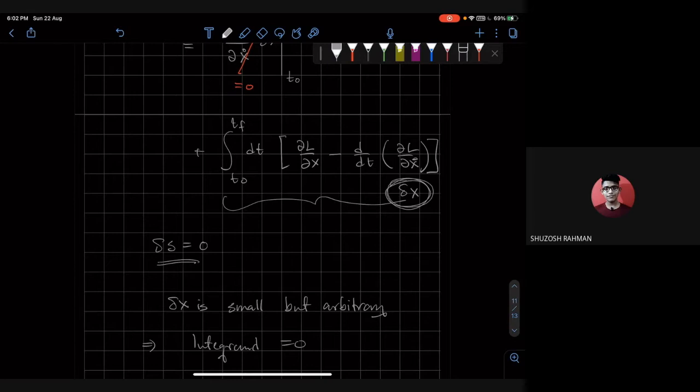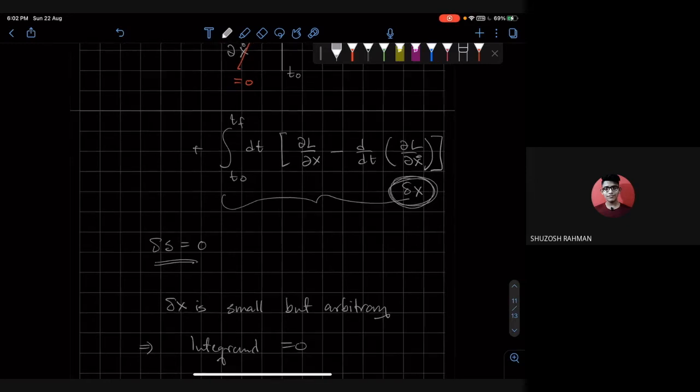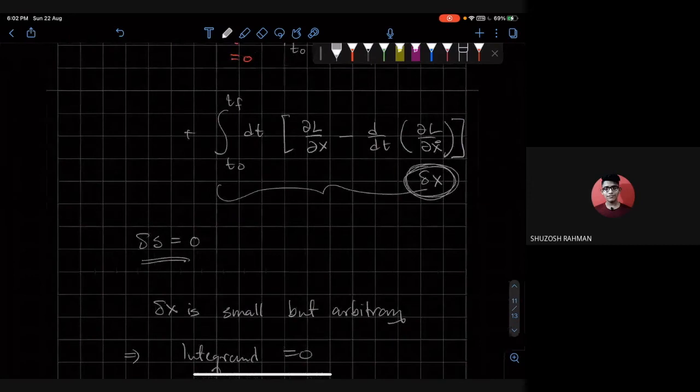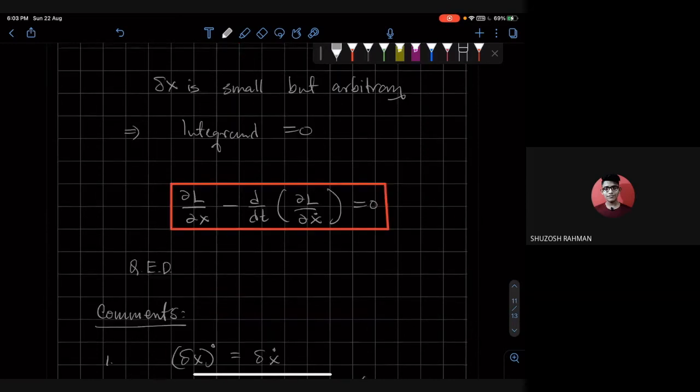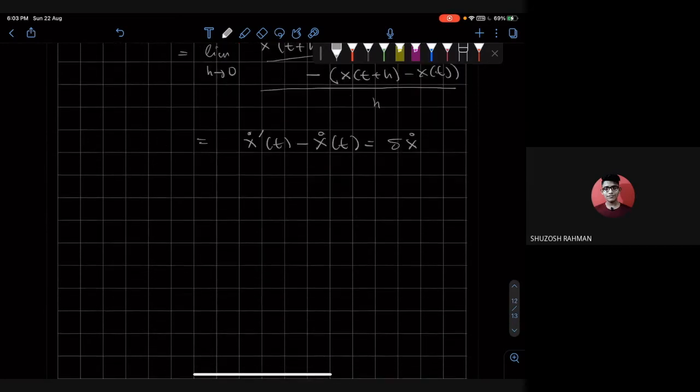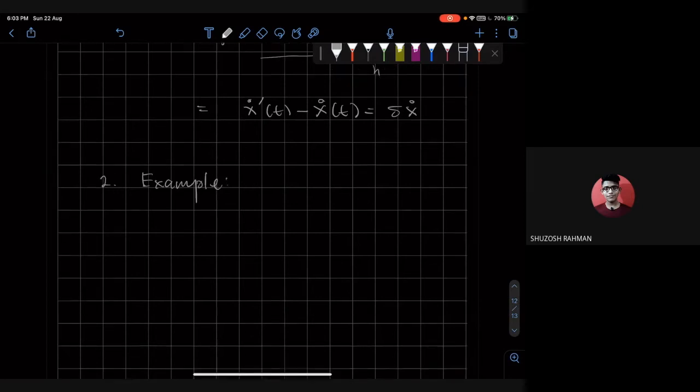Any other questions? Okay, so let's give an example. Well, the first example is just Newton's law. So comment number 2 is example: Newton's law.